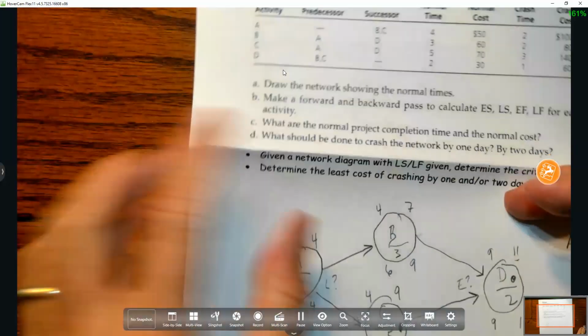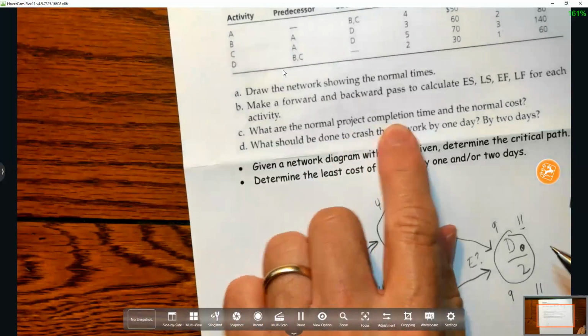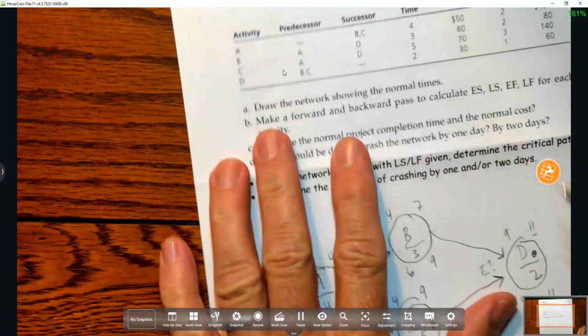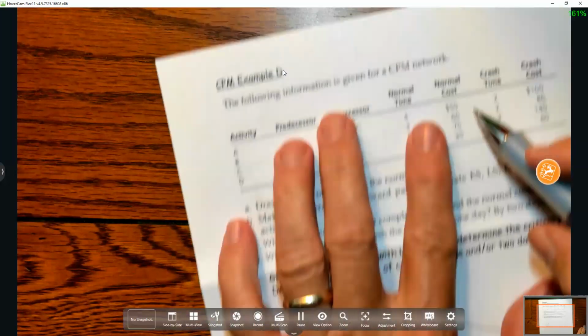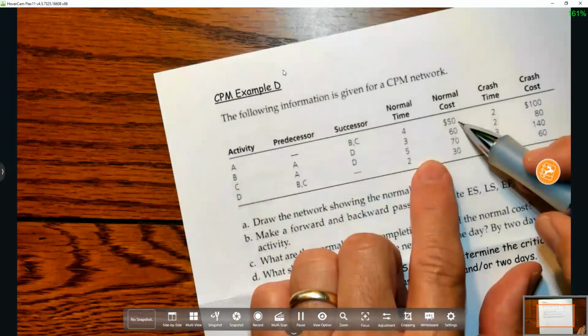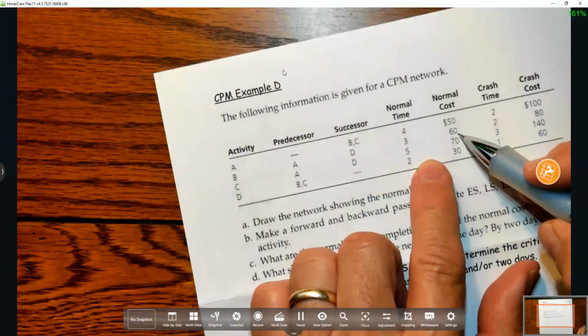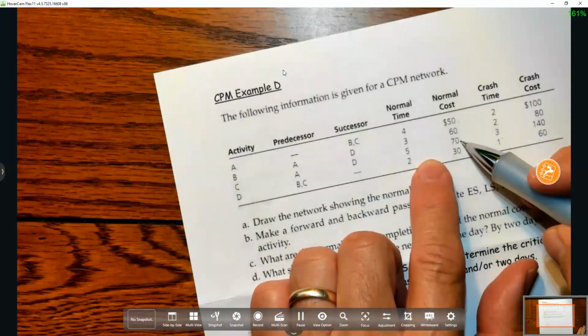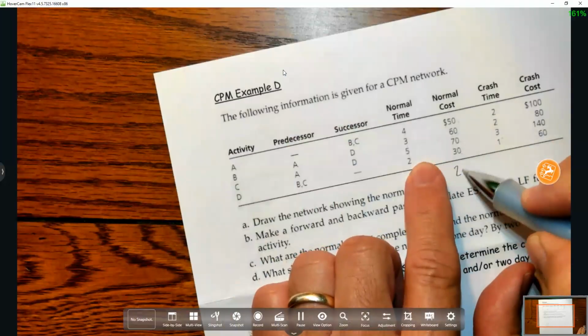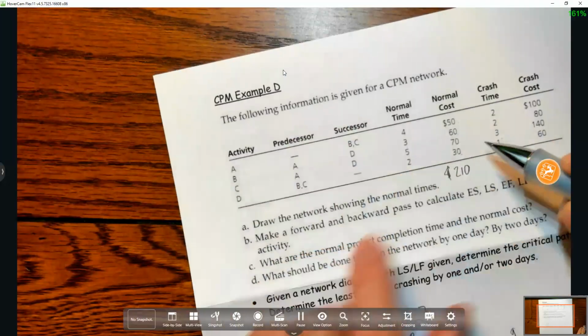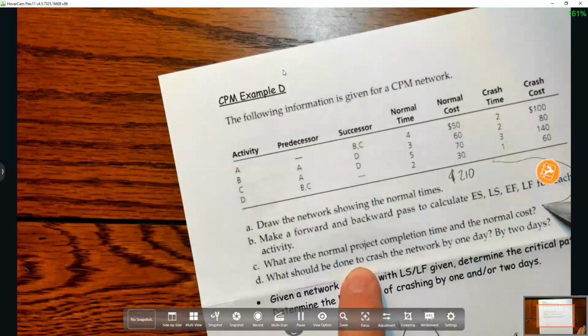And then it asks, what is the normal project completion cost? The normal costs are 50 plus 60 is 110, plus 70 is 180, plus 30 is $210. That is the answer to that.